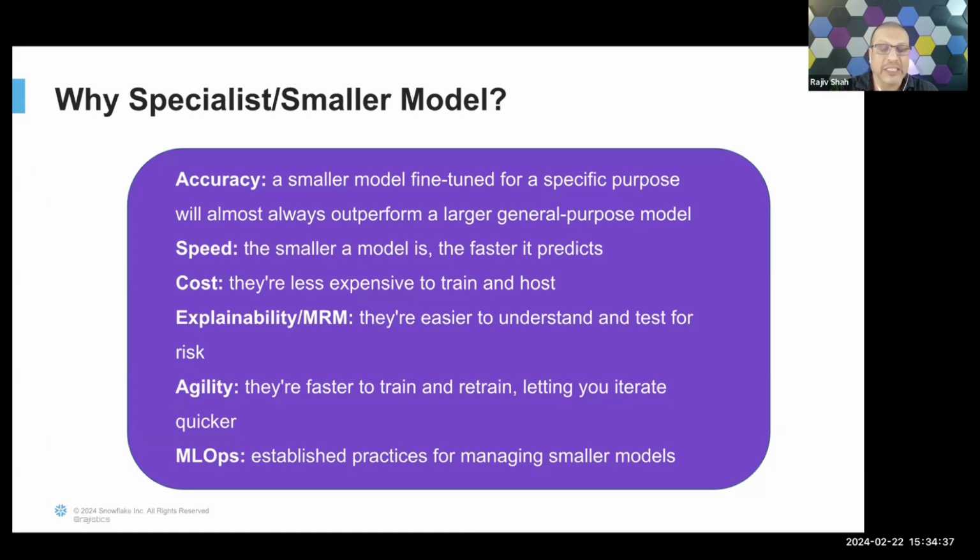And as easy as these models are to quickly prompt, they're not always the best for every type of circumstance. I want people to recognize that for many problems, having a specialist, smaller model is actually going to be a better fit for what you're doing than trying to fit a large language model into what you're doing.